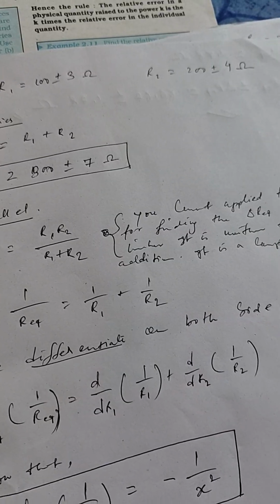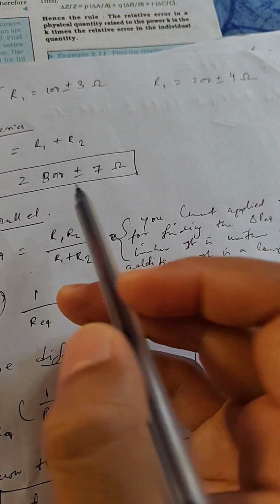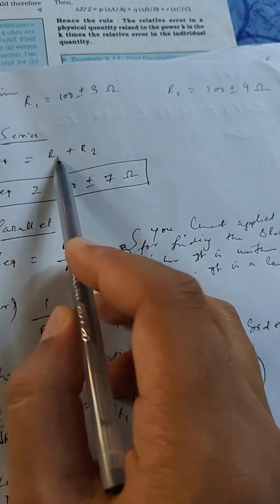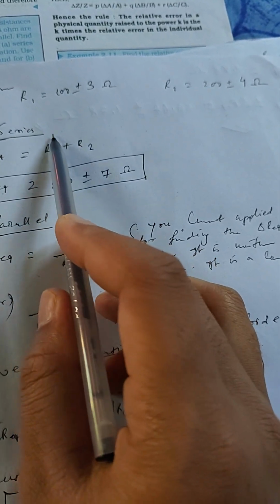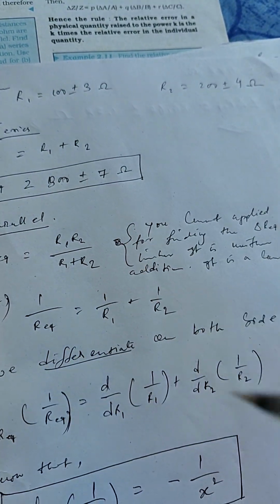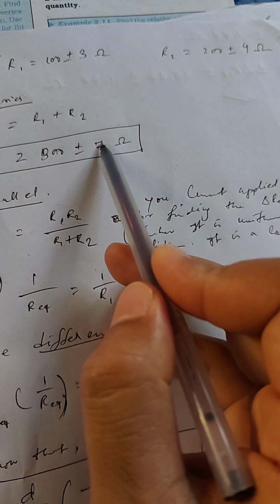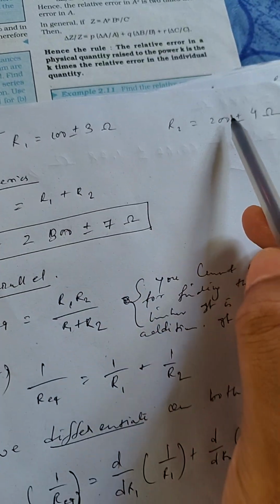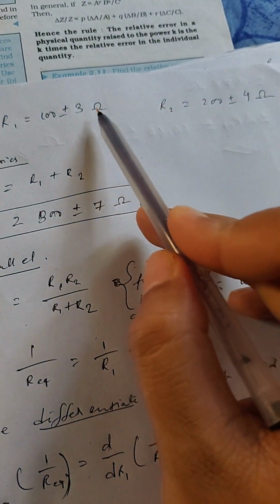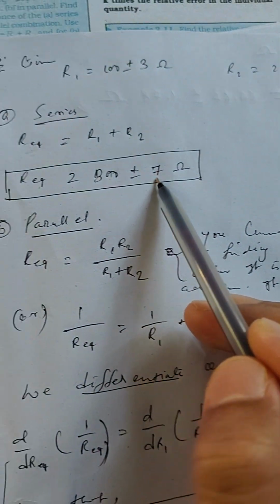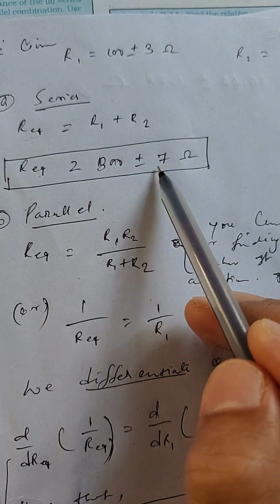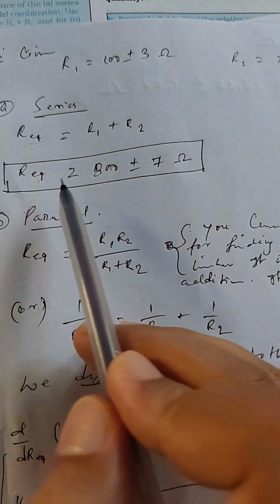With the help of relative error we can find the absolute error, but here the quantities are getting added, so we simply add 3 plus 4 ohm, which gives us 7 ohm. This is the absolute error of the R equivalent.